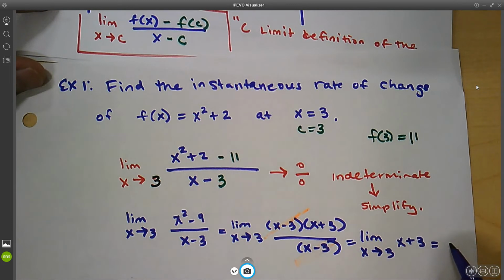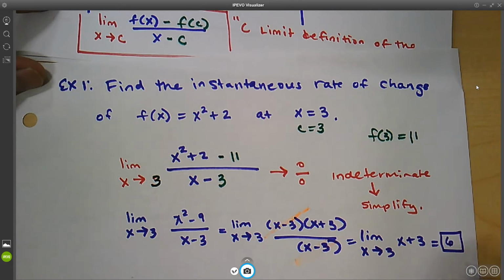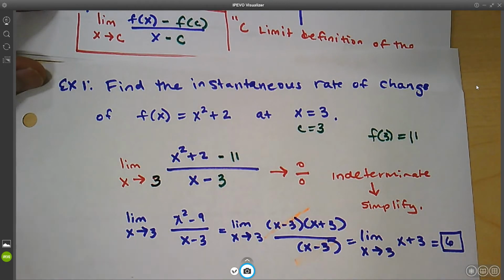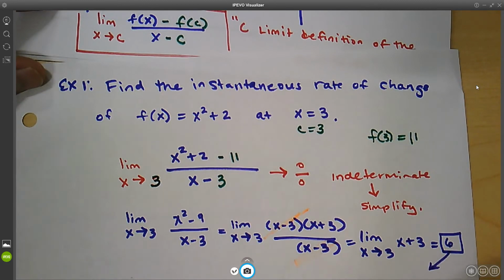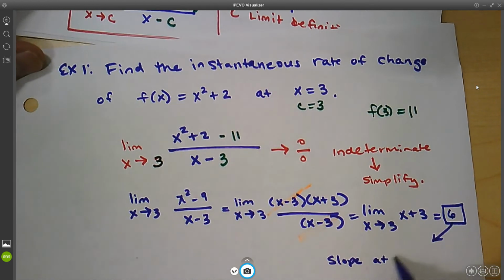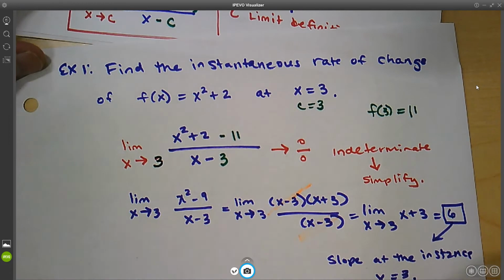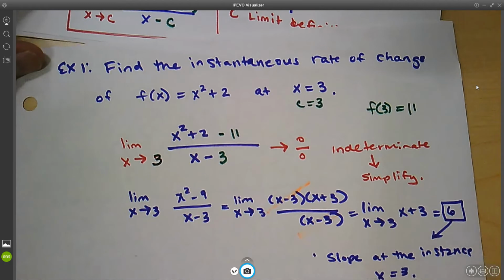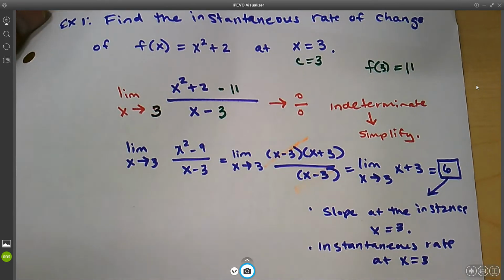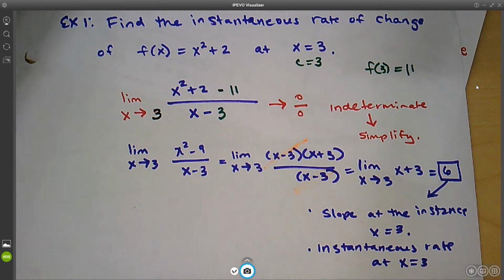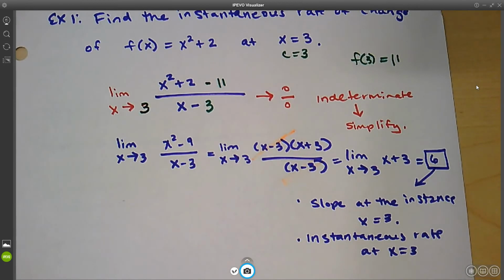You're going to do a direct substitution, and you get 6. Okay, so that's 6. What is it? Yeah, that's the slope at the instant x equals 3. The instantaneous rate of change at x equals 3. At that moment, x is 3. Okay, we'll try it again for another one.